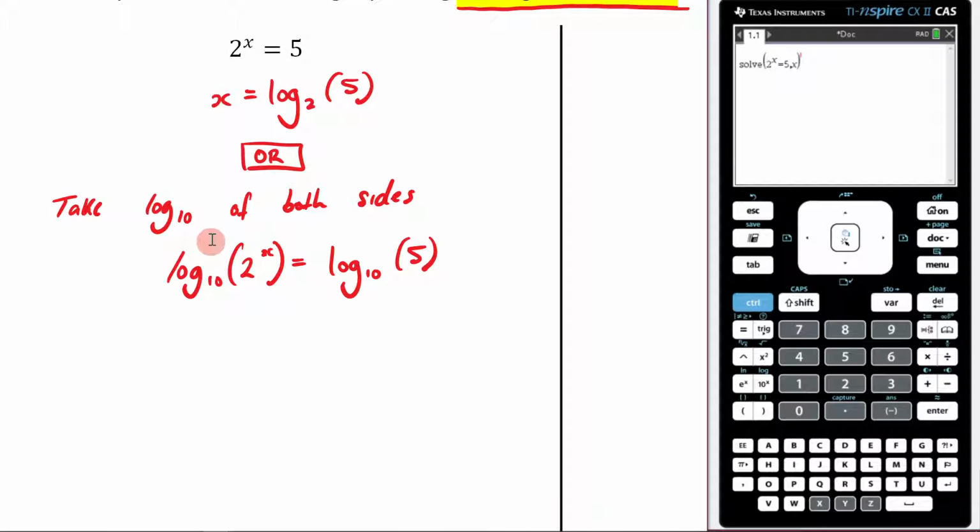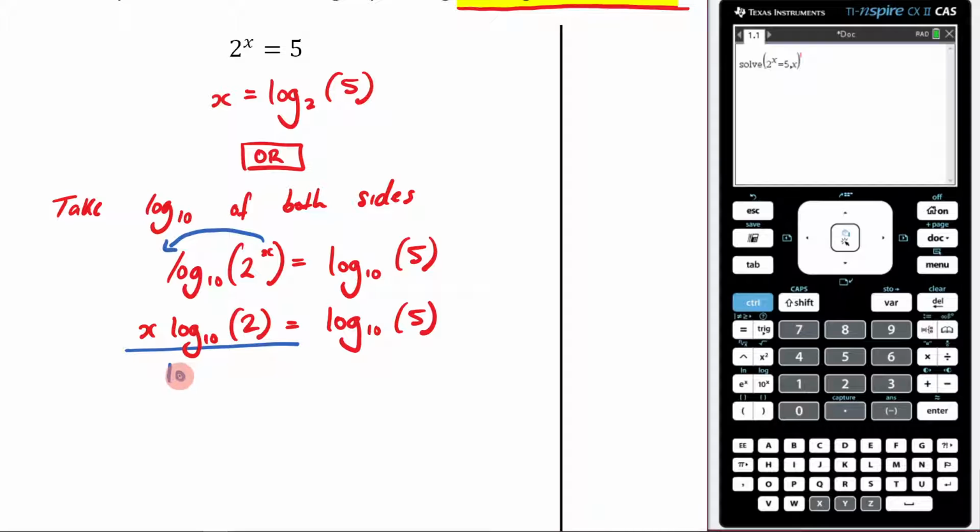Now we're going to use some of the log laws that we know, one of which tells me that if I have a power here, I can take it to the front. So let's move that down there. So now this is x log to the base 10 of 2 is equal to log to the base 10 of 5. Okay, remember we're trying to solve this for x. So what we're going to do next is get rid of this by dividing by log 10 of 2.